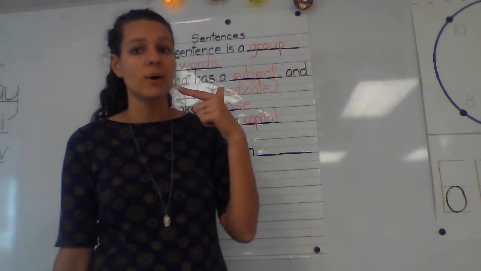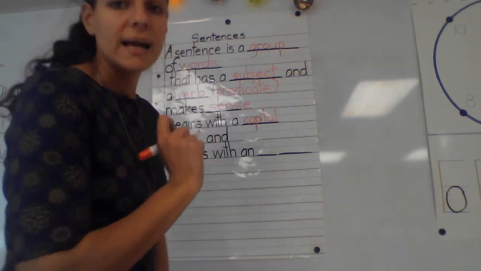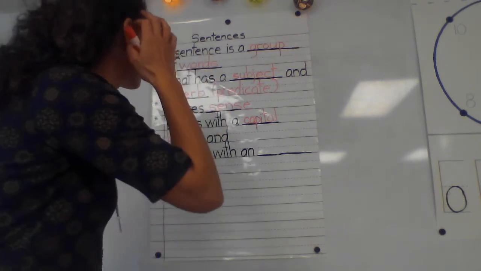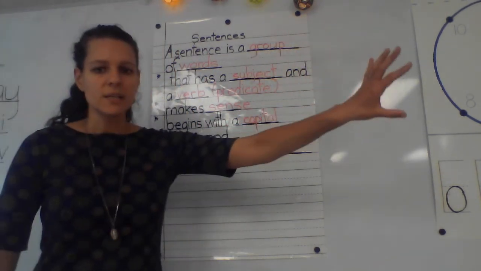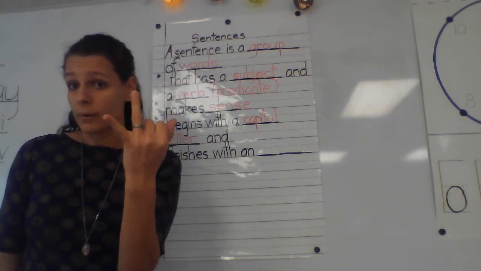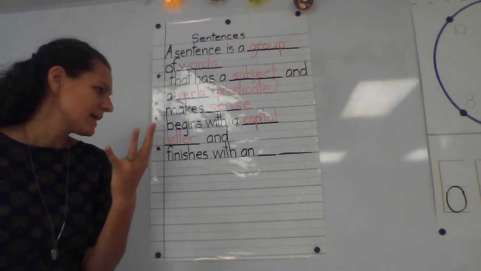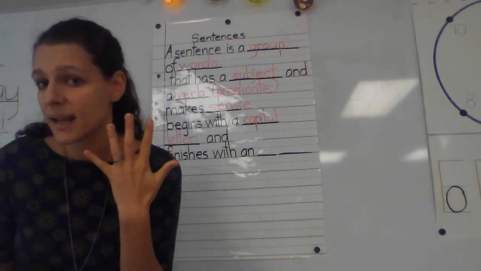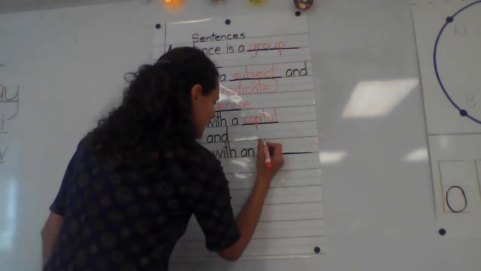You don't hear it in the words, but when you're writing it down, you must have a capital letter at the beginning. All right, so sentence: group of words, subject, predicate or verb, makes sense, begins with a capital letter. The last thing is finishes with an, excellent, finishes with an end mark.